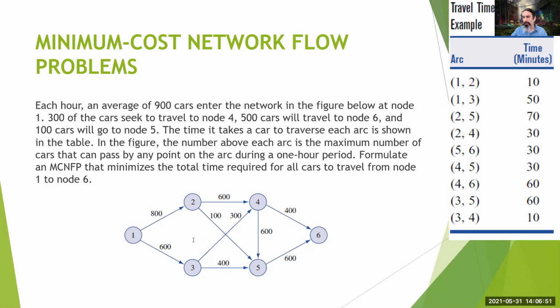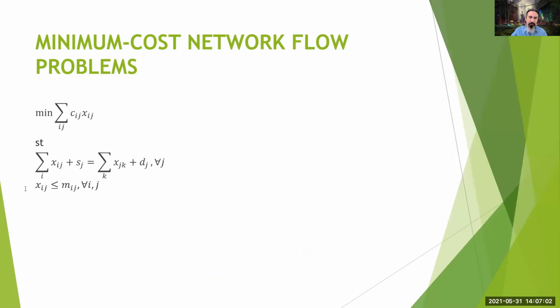So 10 times x12 plus 50 times x13 plus 70 times x25 plus 30 times x45, and so on, will be minimized. I get the solution I'm looking for in this enclosed form. So this is the minimization of time. These are all the node constraints, incoming supplies, outgoing demands, and this is the capacity constraint for each arc.